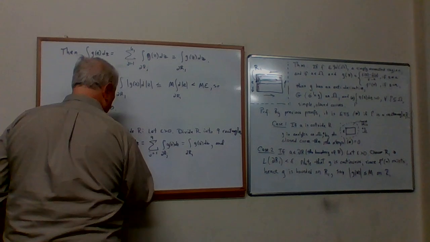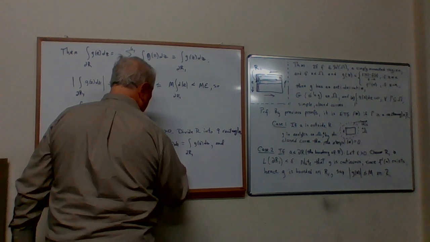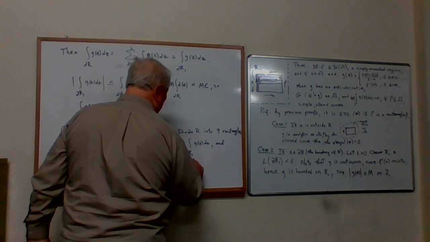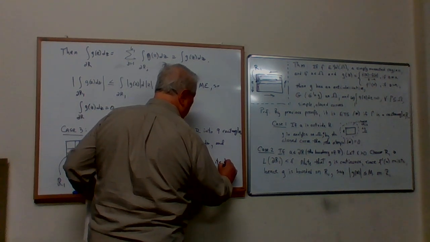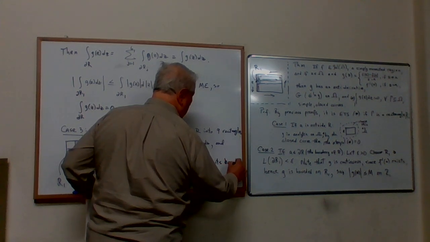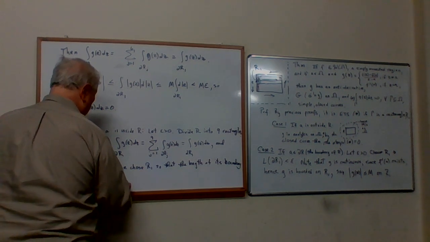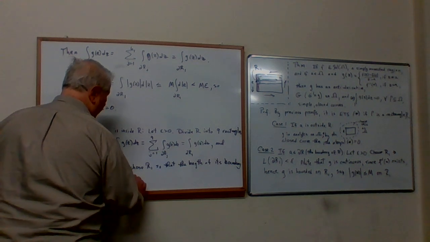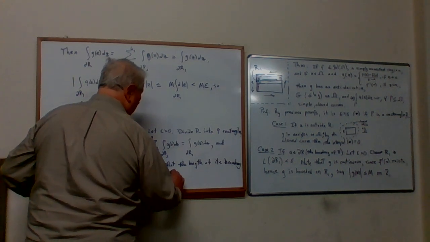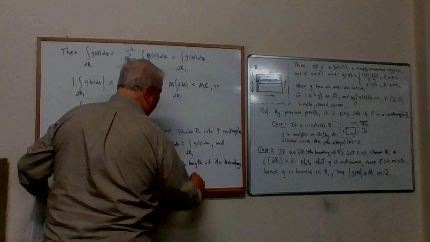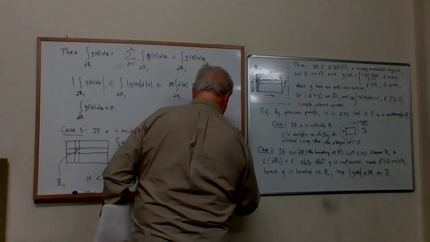And if we chose R1 so that the length of its boundary is less than epsilon, and the absolute value of g of z is less than or equal to M on R1, we again get that the integral is equal to 0. And that is the end of the proof.